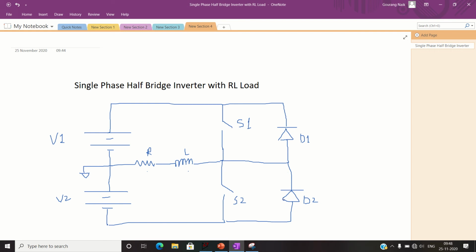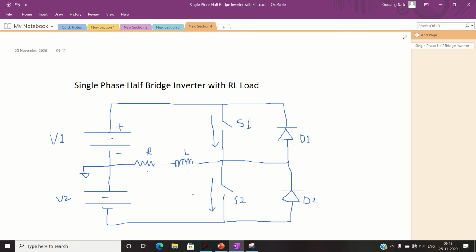Why these two diodes are used is because your switches S1, S2 normally will be passing current in one direction. Normal passage of current for switch S1 will be like this, because the polarity of the battery is plus and minus, right? And for S2 it will be like this.